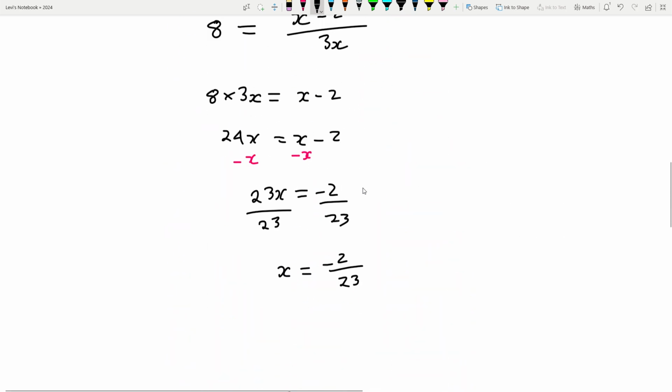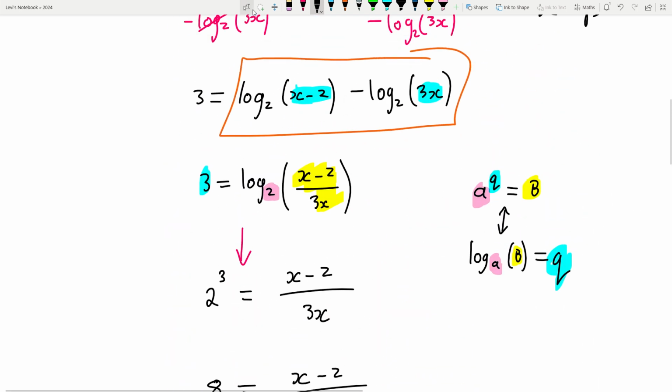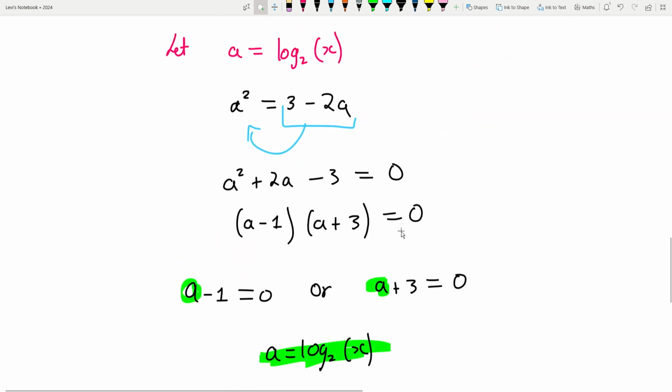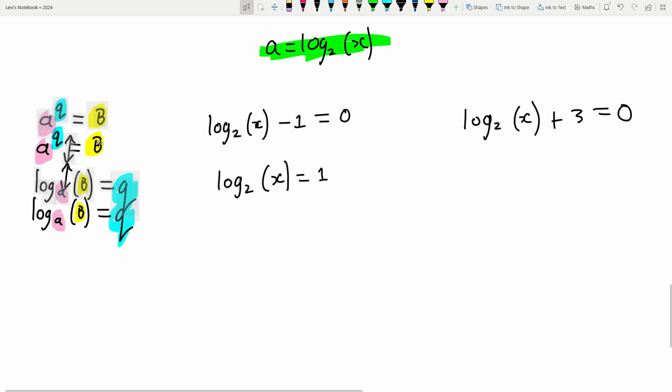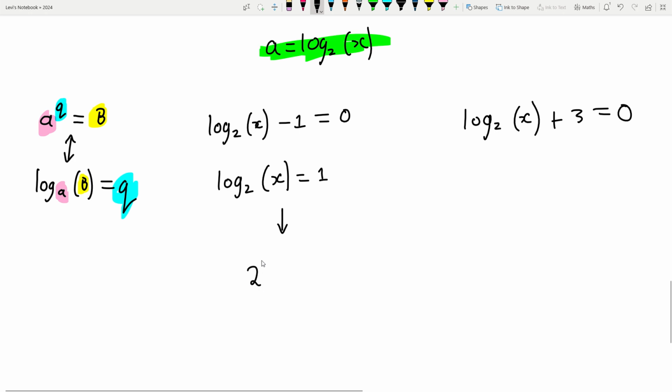Move the 1 to the other side, so we have log 2 of x equaling positive 1. And then we're just going to repeat this first law here. So if I just take this down and copy, we're going to repeat this law for both of the examples. Using this law here, we can rewrite this as 2 to the power of 1 is equal to x.